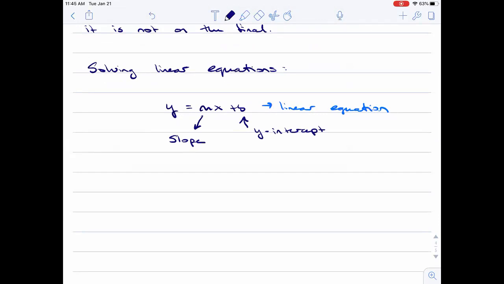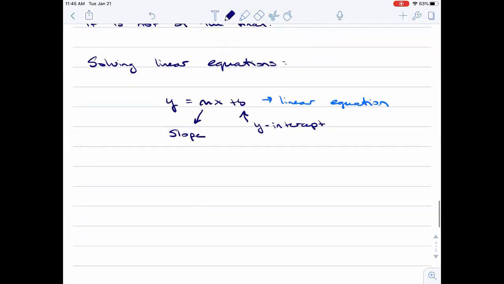Solving the linear equation means finding the x where it crosses the x-axis. So it means finding the x-intercept.